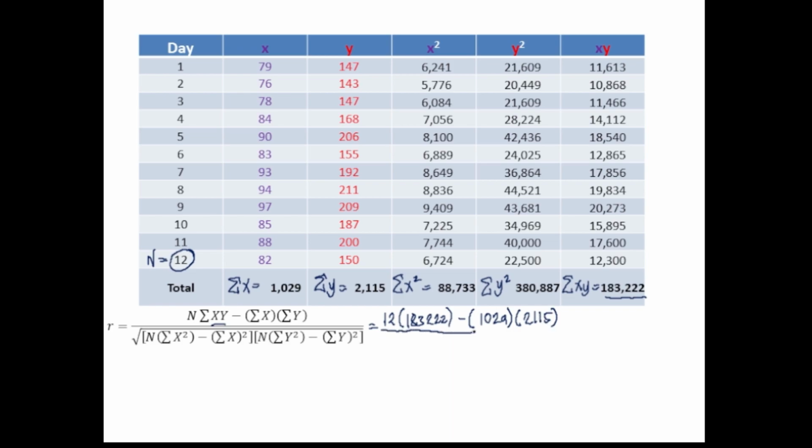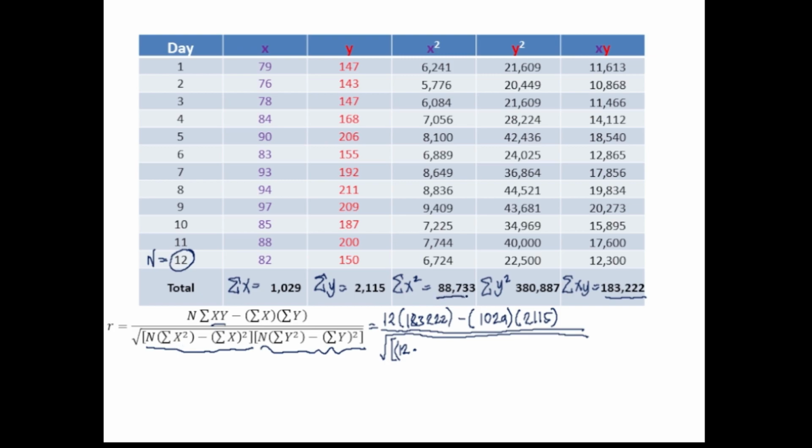All over square root of, okay, product ng n. So ito ay 12. Product to, no? Product ng dalawa. Ito, pati ito. Okay, n times summation ng x square.